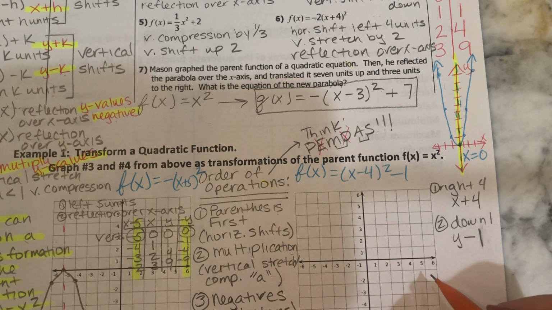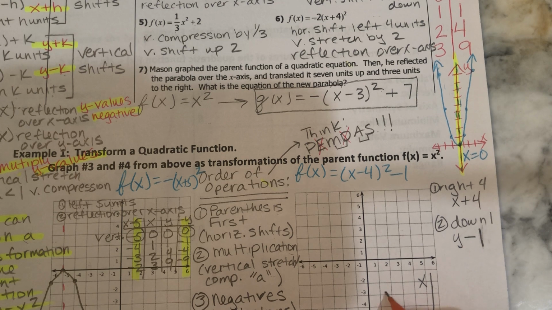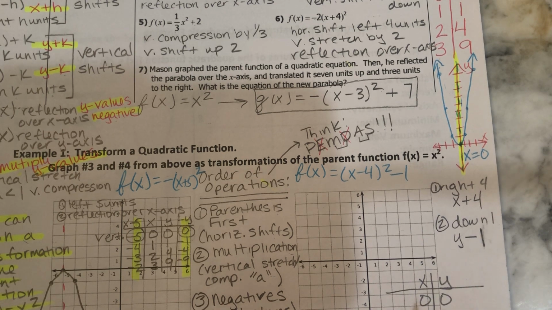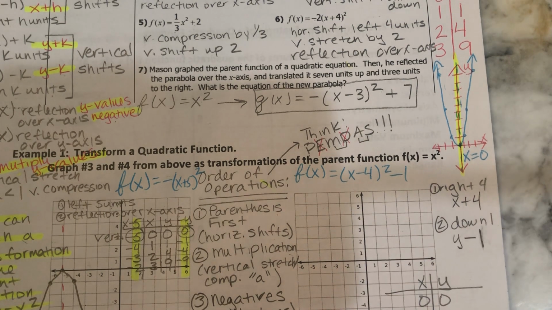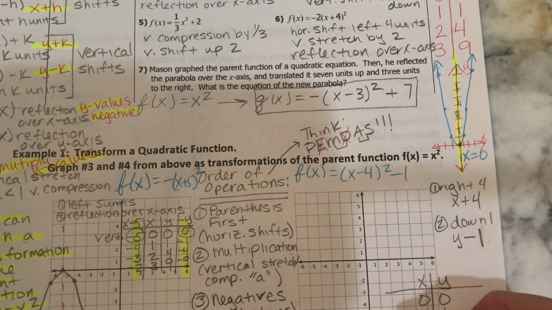Okay. All right, so start with your parent function. So vertex is 0, 0. Plug in 1. 1 squared is 1. Plug in 2. 2 squared is 4. Plug in 3. 3 squared is 9.